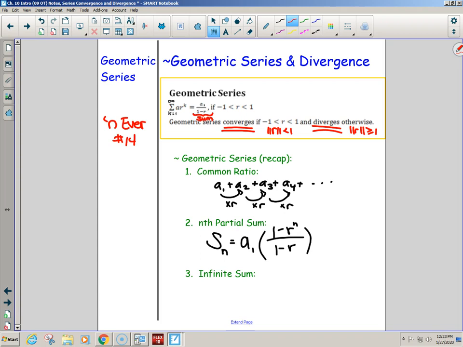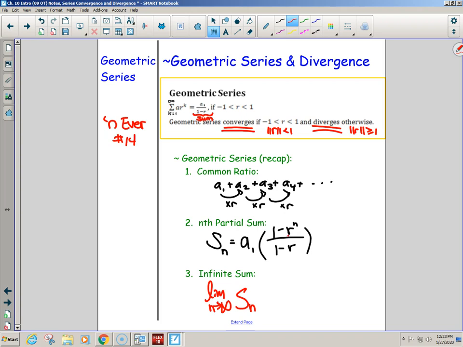But the nth partial sum, that's not something that we really need to get into our endeavor card because we're not really using nth partial. We're always going to infinity now. So the infinite sum, that's when we just need to think about the limit as n goes to infinity of s sub n, which we already talked about on the board, so I don't think I really need to write that down. It's on the board if you need it.